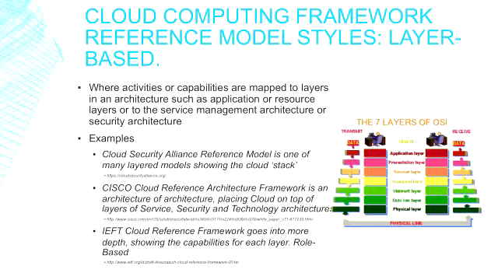Some examples of a layer-based cloud computing framework reference model include the Cloud Security Alliance reference model, the Cisco Cloud Reference Architecture Framework, and the Cloud Reference Framework that's provided by the Internet Engineering Task Force.